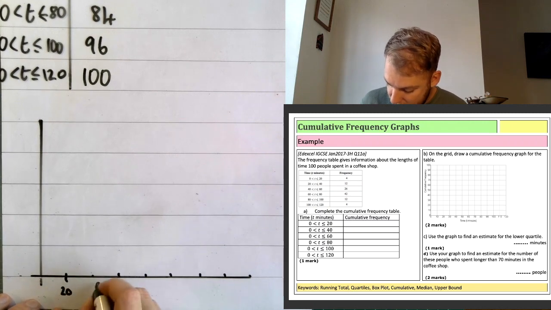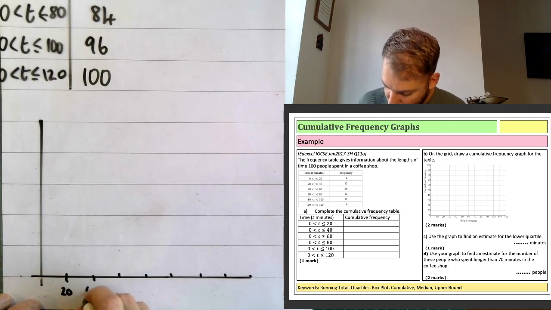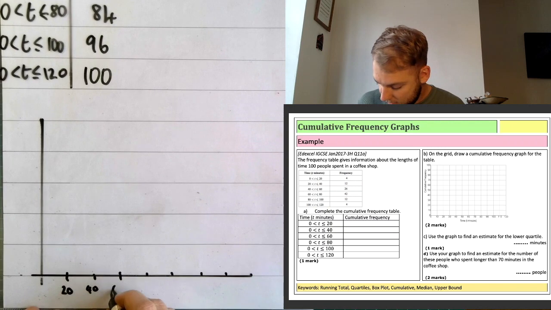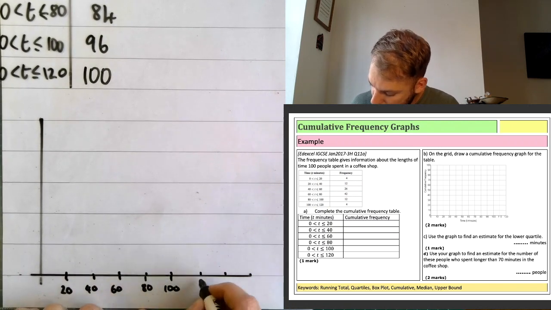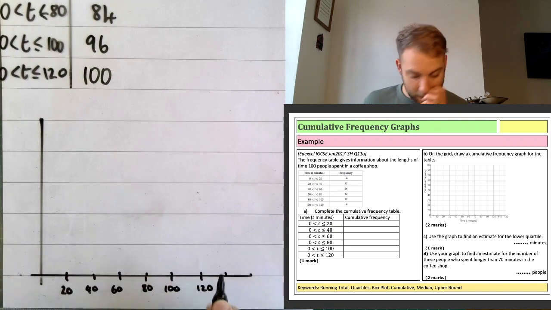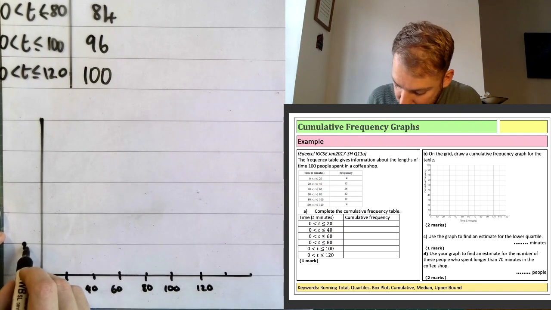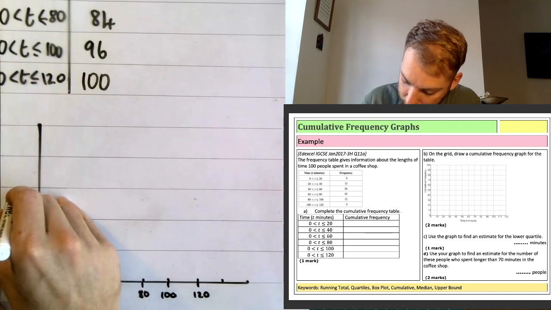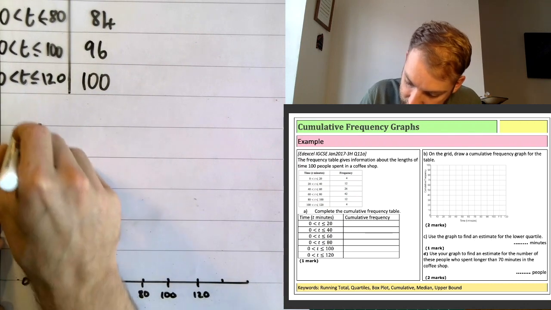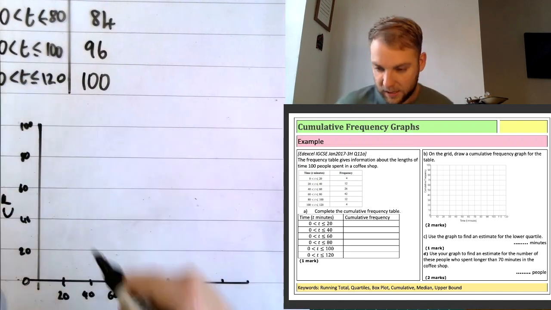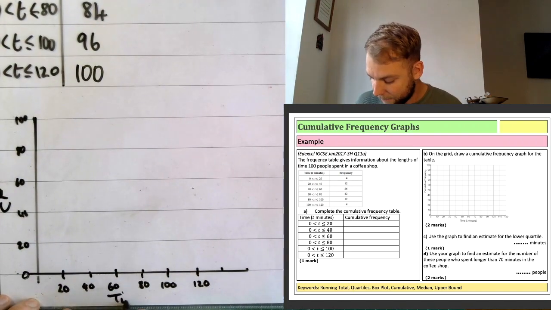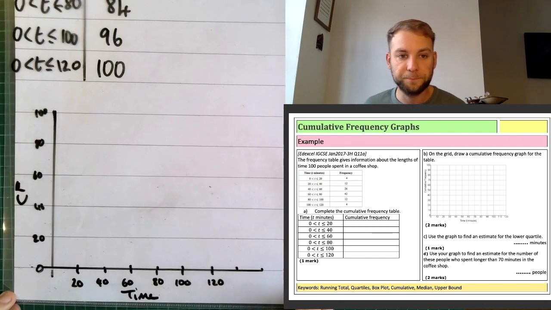So 20, 40, 60, 80, 100, 120, and up by 20, so 0, 20, 40, 60, 80, 100, brilliant. So this one here is my cumulative frequency, this one here is my time, super.